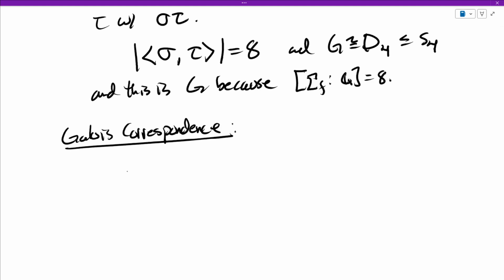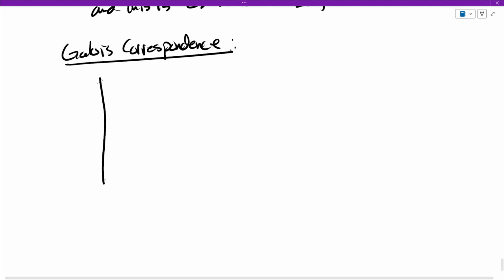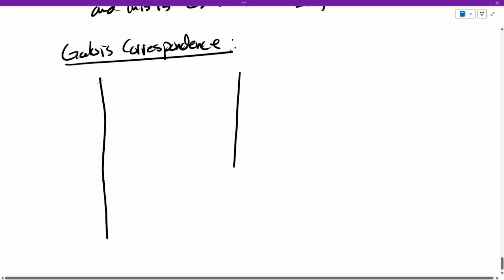Okay, so what are the subgroups? I'm going to adopt the labeling convention of the book, where I'm switching around the sigmas and taus because I reversed them from what they are in the book. Let's make a table here. It's always bad when someone starts drawing a table.